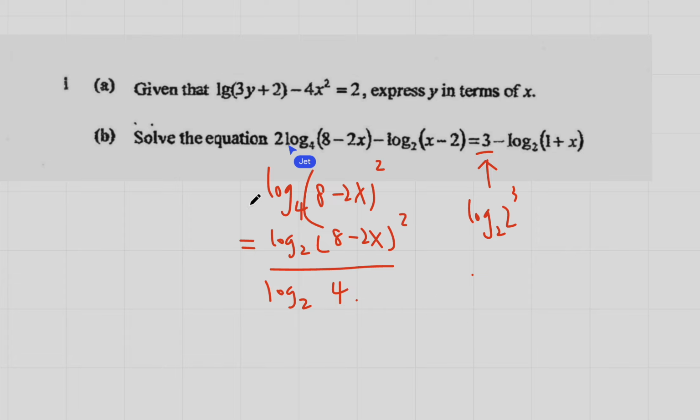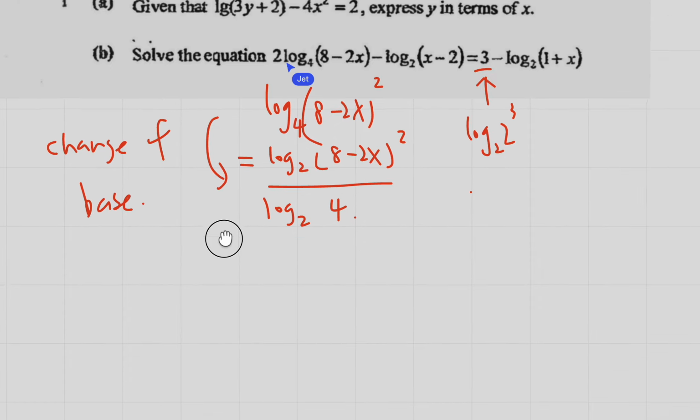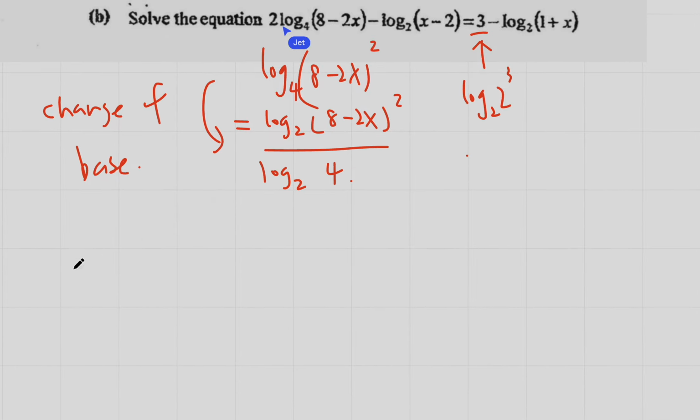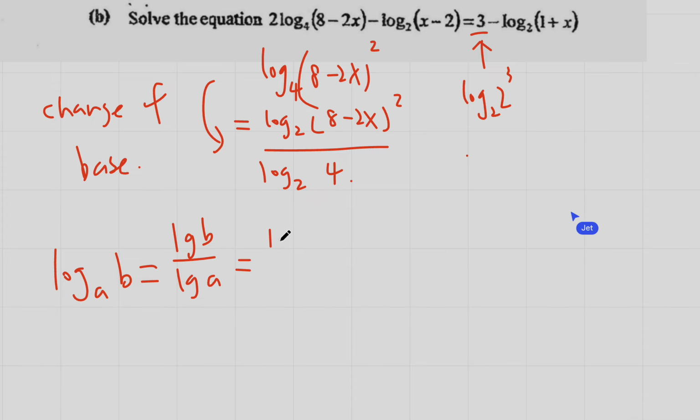How you transform the term from log 4 to log 2 is called change of base. The rule to change of base is this. I don't know whether you remember or not. If you have log a b, you can change it to log b over log a, or you can even change it to log 5 b over log 5 a.